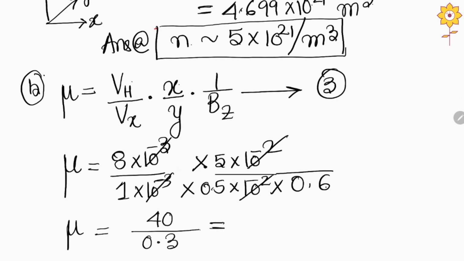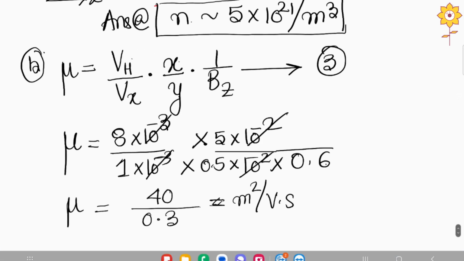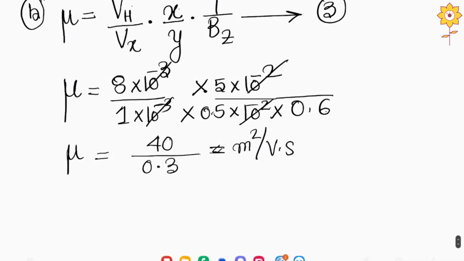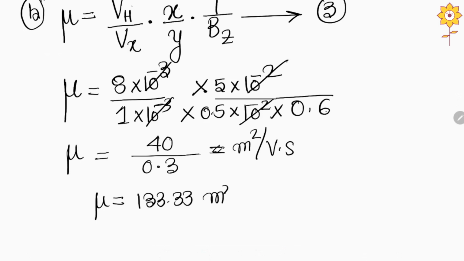The units of this are meter square upon volt per second, and the value of mu works out to 133.33 meter square per volt second.